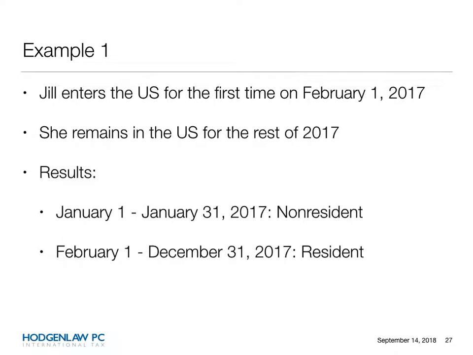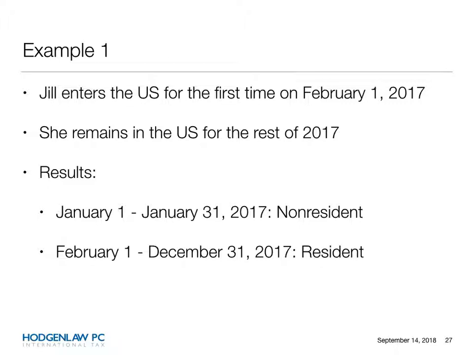Let's look at a couple examples of dual status tax year scenarios to help illustrate the dividing point between resident and non-resident in a given year. In the first example, Jill, a foreign national, enters the US for the first time in her life on February 1st, 2017. She then remains in the US for the rest of the year.